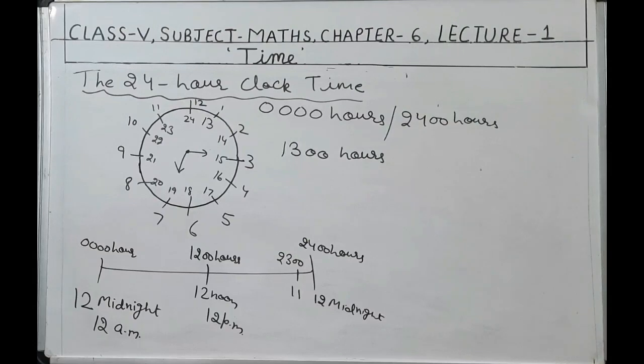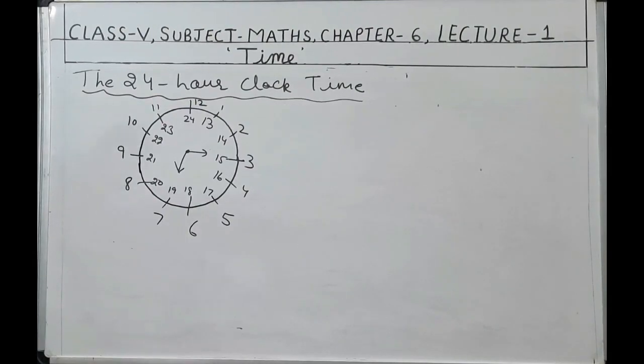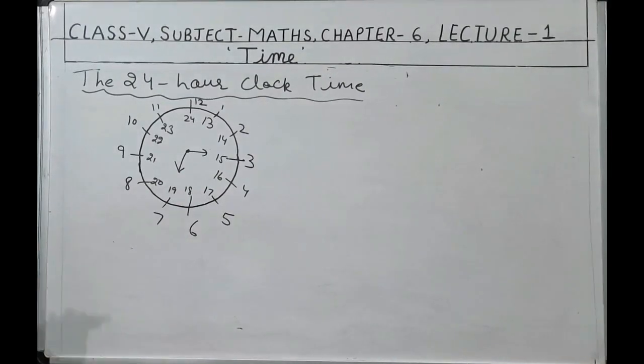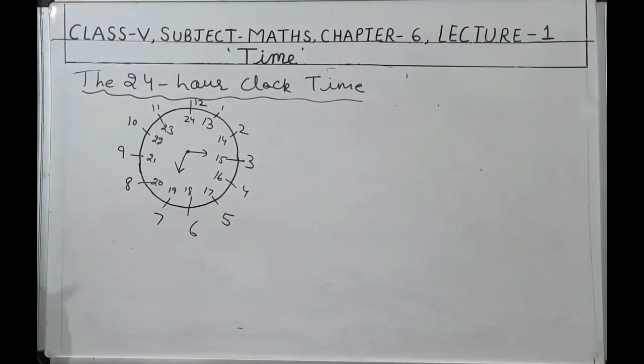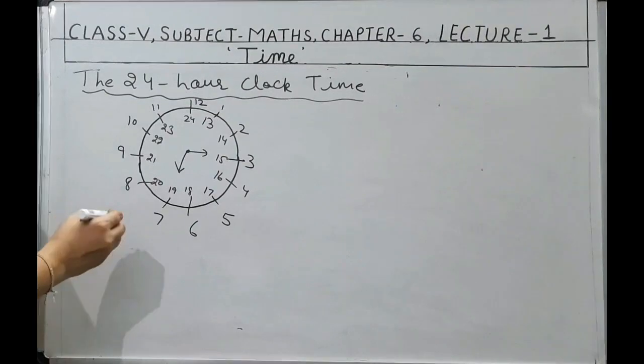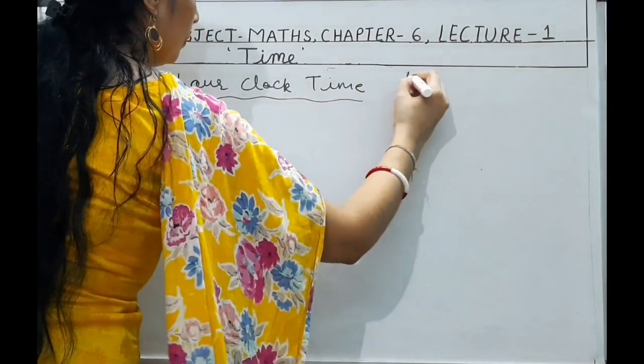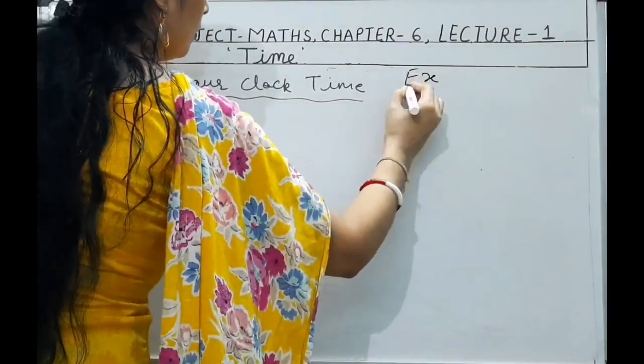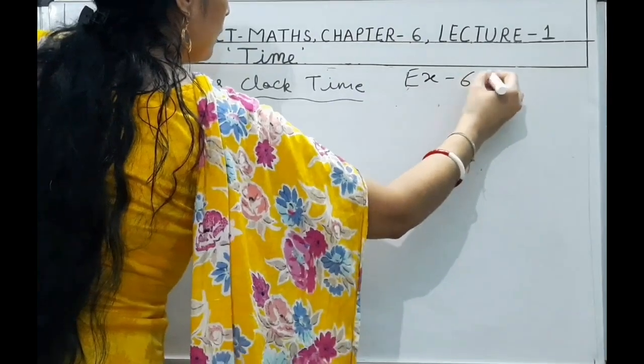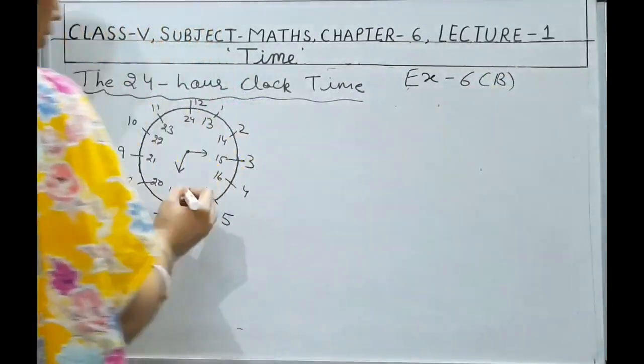Keep this thing in your mind. This clock is made in your book also, page number 54. Do practice of doing this. Now our first question of exercise 6B. Question number 1.